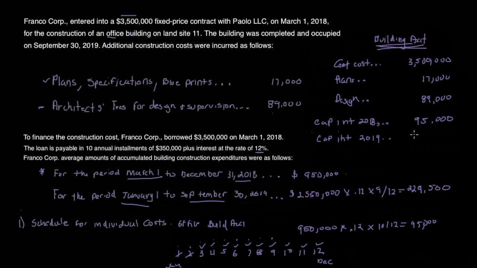And you're going to go ahead and put that in this table right here, $229,500. And to get a total, obviously you just add up all these numbers and you will get a total of $3,930,500.